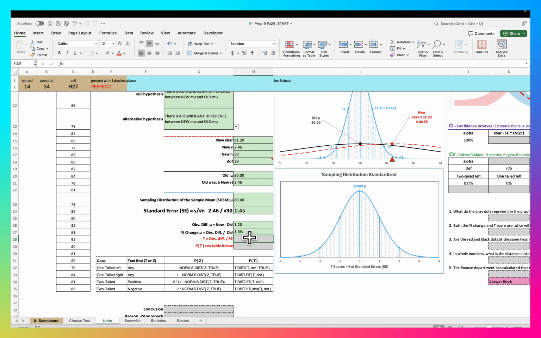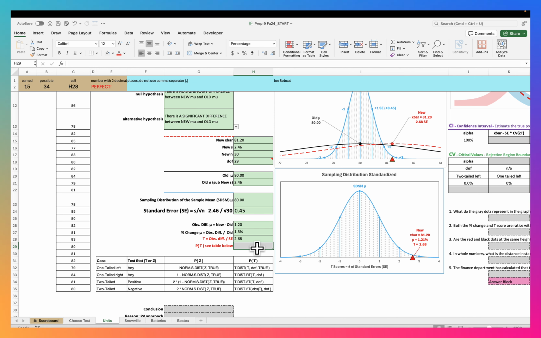Okay, and then the t-score is going to be the observed difference divided by the standard error, and here's our standard error up here, 2.68. And what's the probability of a t-score of 2.68? So we have to see the table below. In this table below, it's the same table we had before with the z's. Now we've added one more column for the t's.